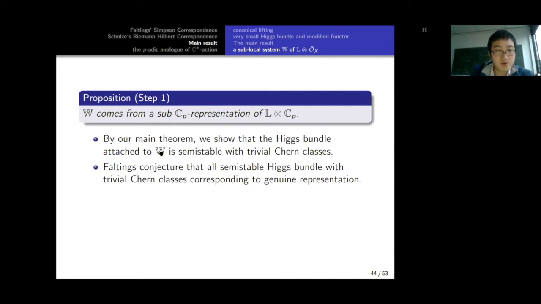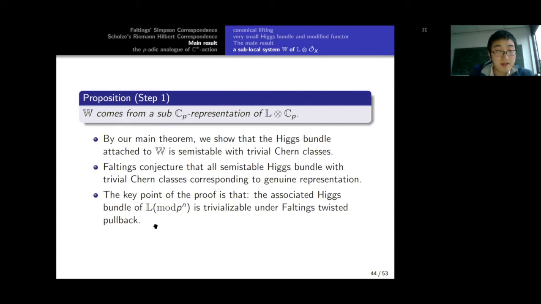We need to prove that this W comes from a generalized representation directly. So our proposition gives evidence for Faltings' conjecture. The key point of the proof is that the associated Higgs bundle of L modulo p is trivializable under Faltings' twisted pullback. This is the key point of the proof.